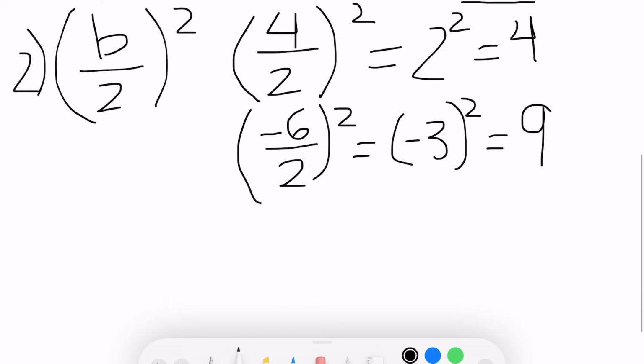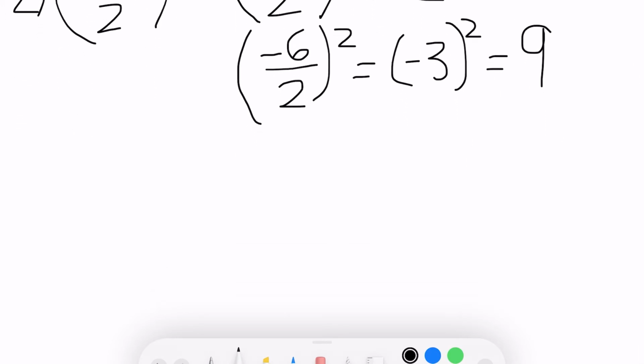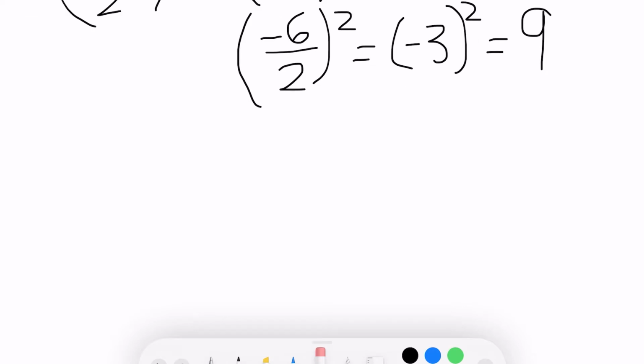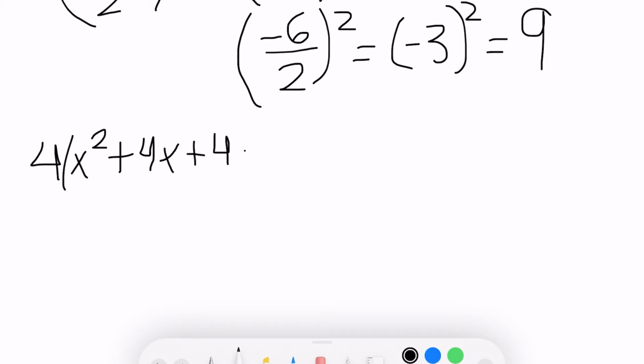Then we're going to put this in the equation itself. So we got x squared plus 4x plus 4 minus 4.